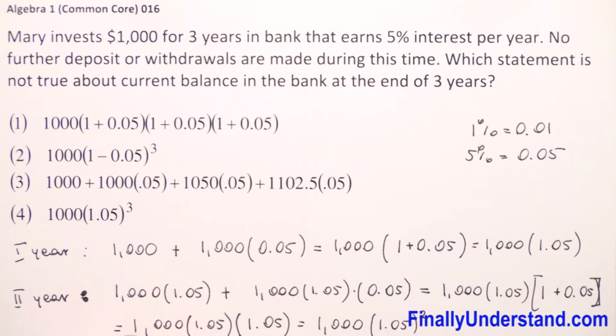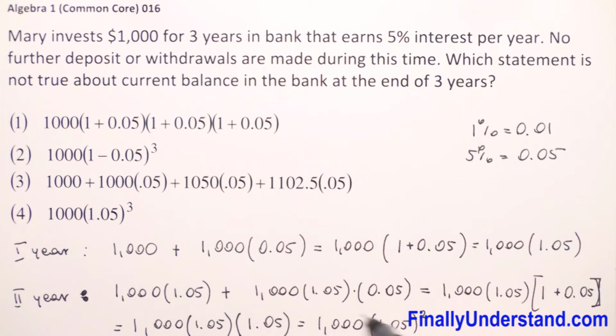In the third year, again, she will earn 5% of what she had at the beginning of the third year. This is what she has. So it will be 1,000 times 1.05 to the second power plus 5% interest.